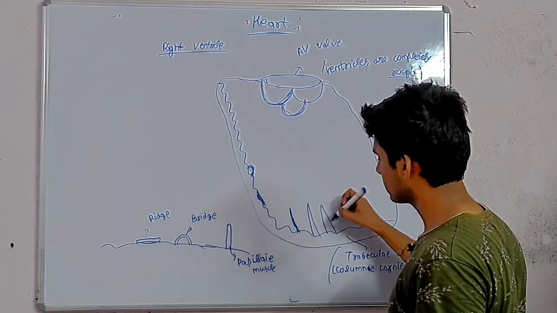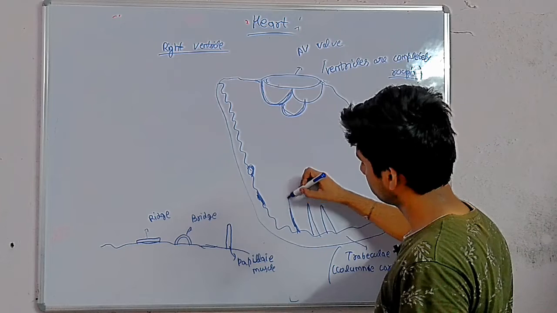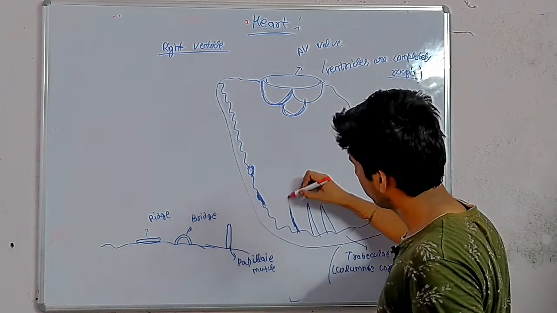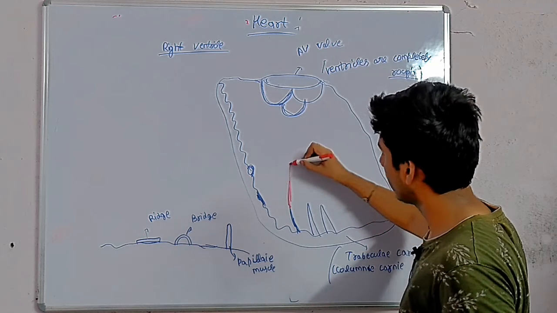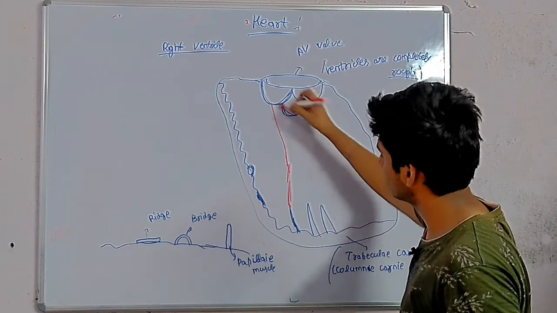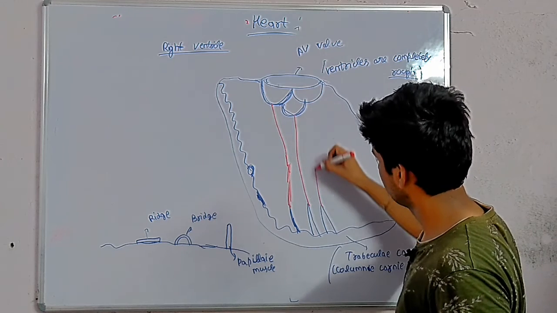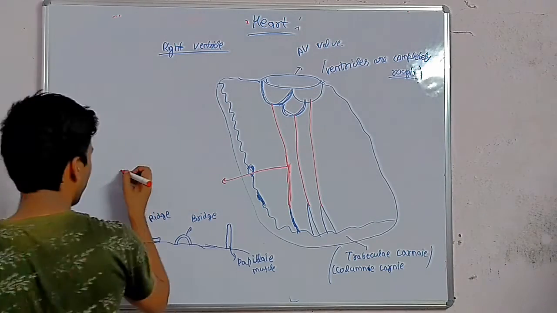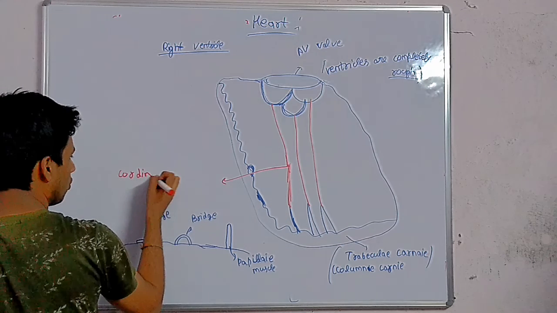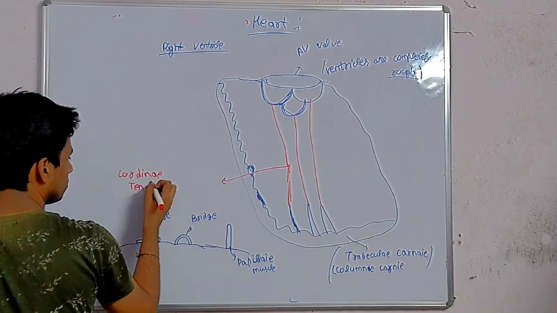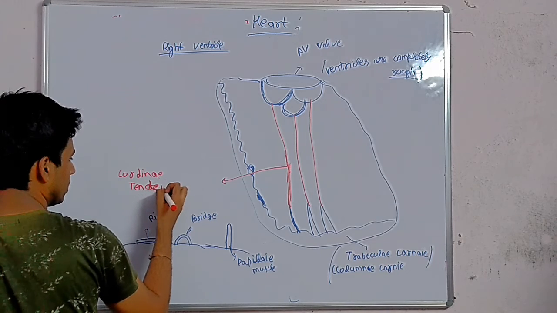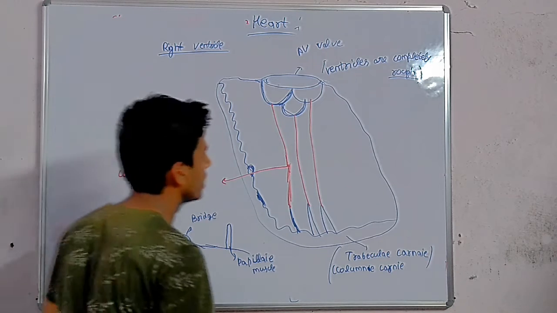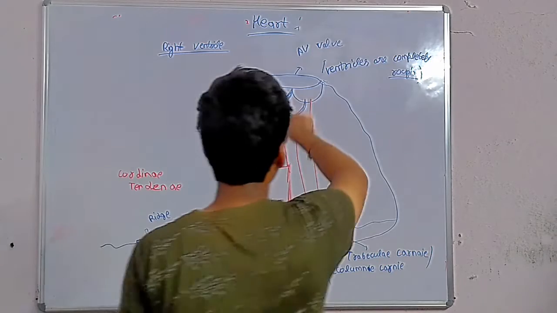Then here are the papillary muscles. Fibrous bands emerge from them and attach to the cusps.